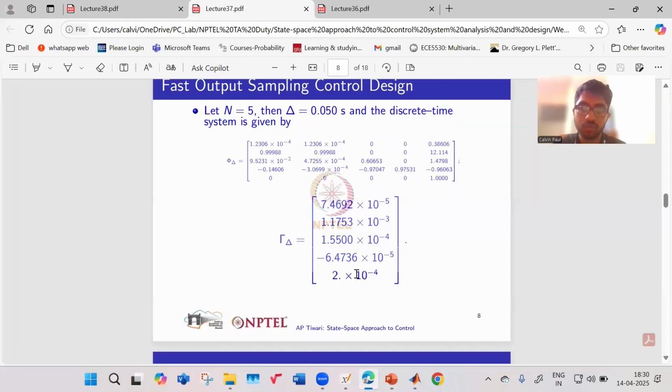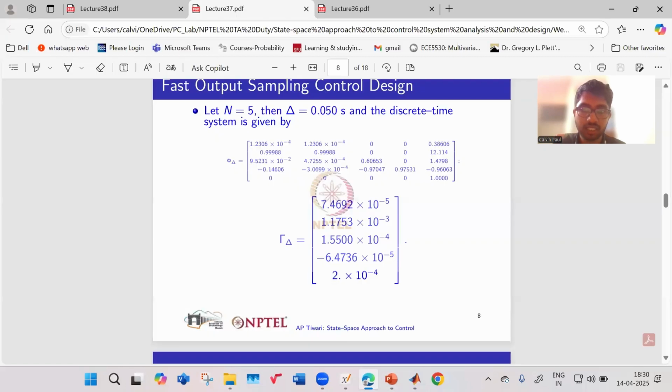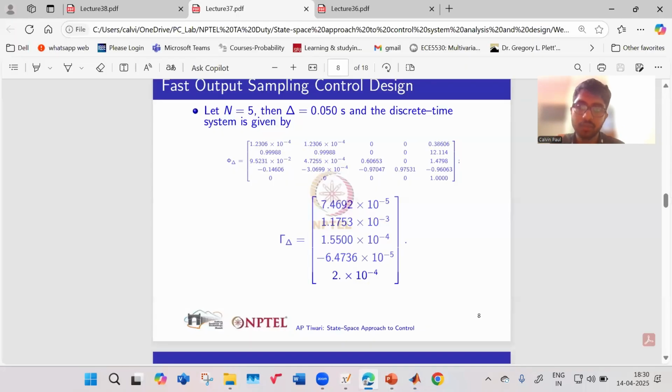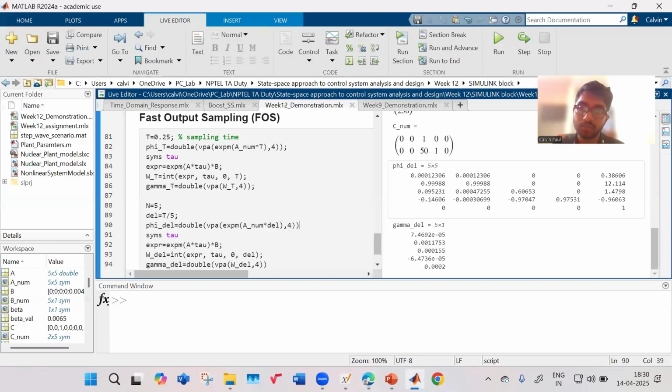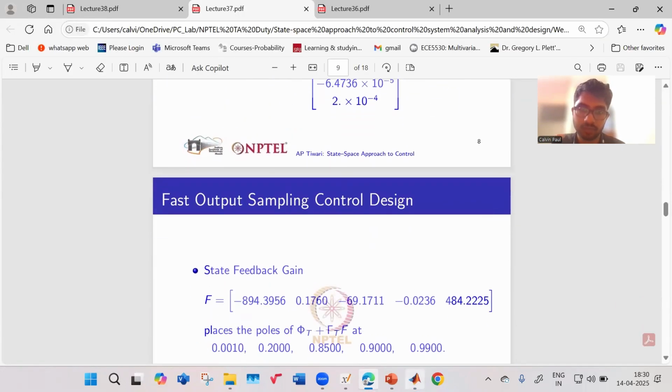Four zeros at the bottom and then 1. So it is correct. And gamma del comes out to be 7.4962 times 10 to the power minus 5, 1.1753 times 10 to the power minus 3, 1.155 times 10 to the power minus 4, minus 6.4736 times 10 to the power minus 5, 2 times 10 to the power minus 4. So this was what we got for gamma del.